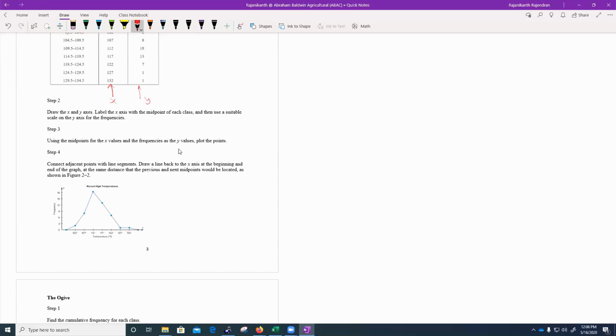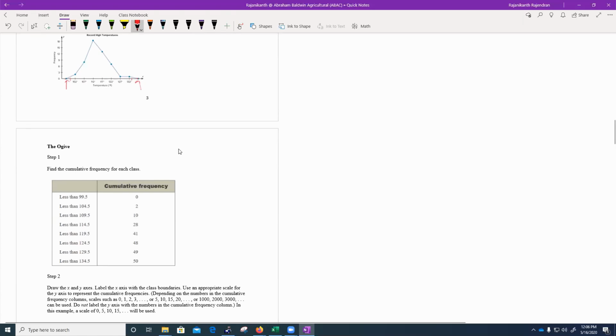So remember, to draw a frequency polygon, you have to start from the x-axis, draw the graph all the way, and finish at the x-axis with the same space. So first plot the points, then take your ruler and join them. So this is the frequency polygon.